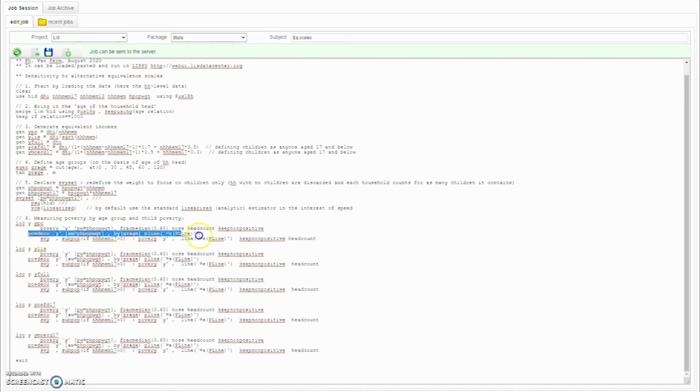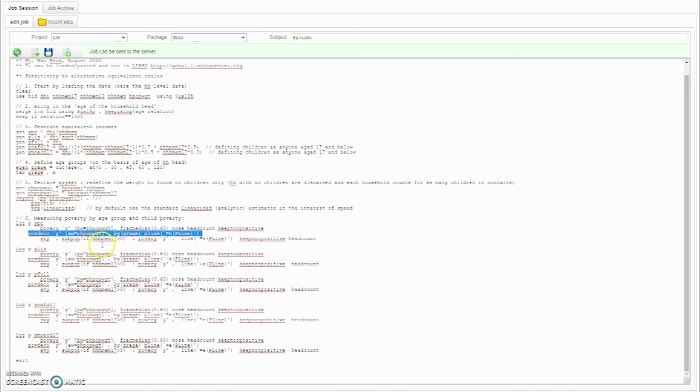Now the second line is using Stephen Jenkins' povdeco command to calculate the poverty rate by age group. So we're going to calculate poverty statistics disaggregated by age groups using the poverty line which is calculated by the previous command. And then finally, I'm using poverty again, but now to calculate the poverty rate among children.